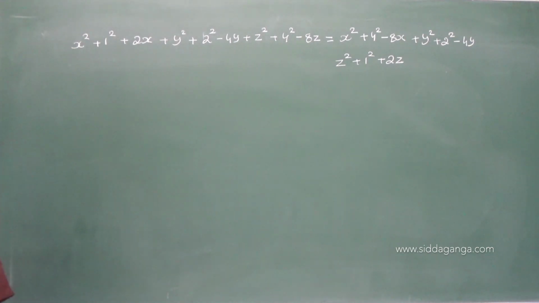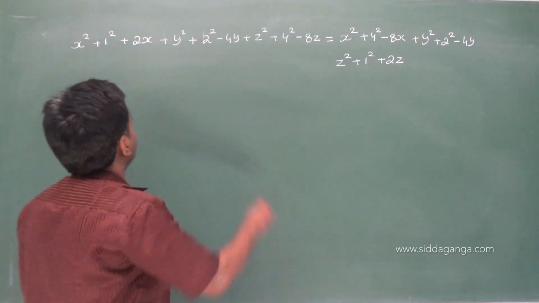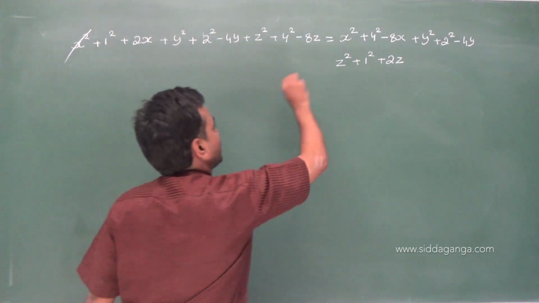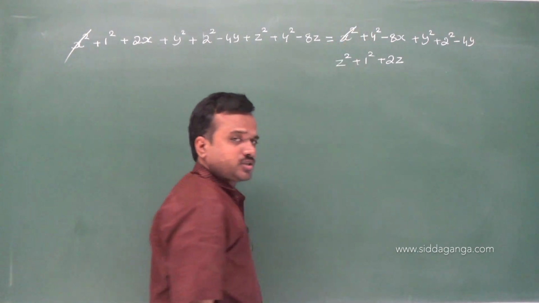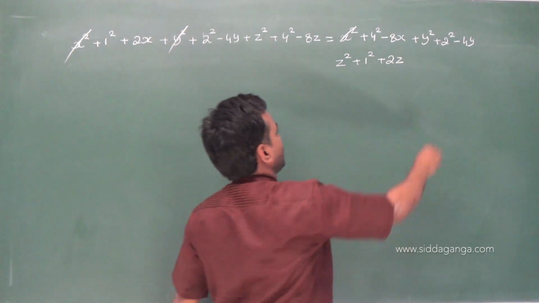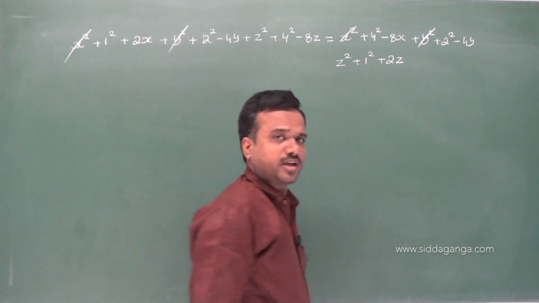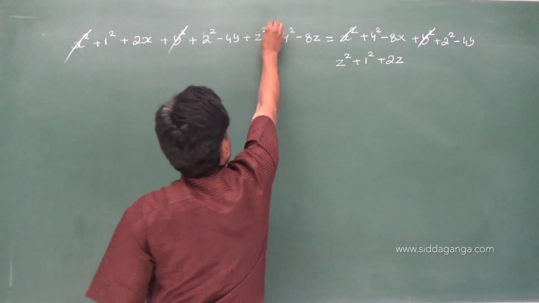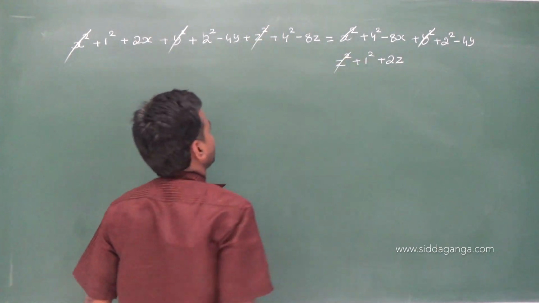Okay, observe carefully. So x square and x square on both sides get cancelled. Similarly, y square and y square get cancelled. Z square also gets cancelled.